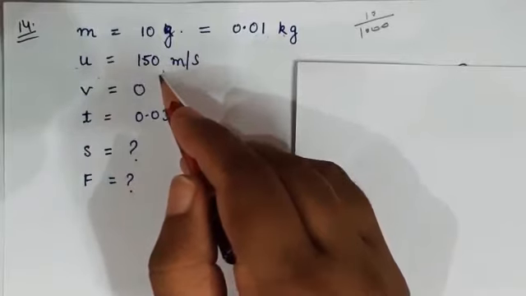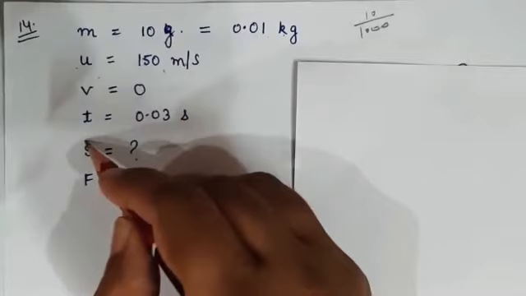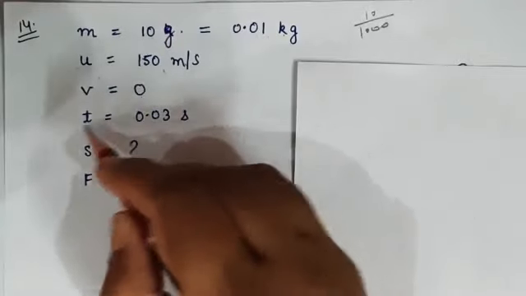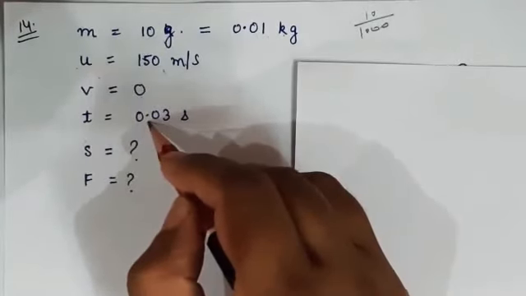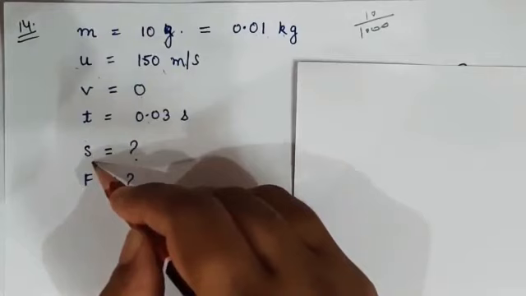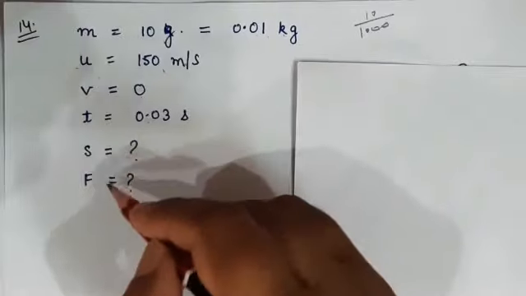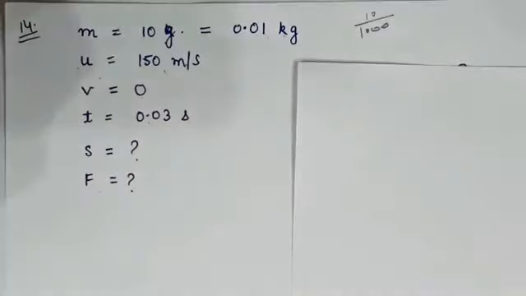It strikes a stationary wooden block and comes to rest. Final velocity 0, in 0.03 second, time is given. Now calculate the distance of penetration of the bullet into the block. So you have to calculate distance, that is s. Also calculate the magnitude of the force exerted by the wooden block on the bullet. So you have to calculate the force also.